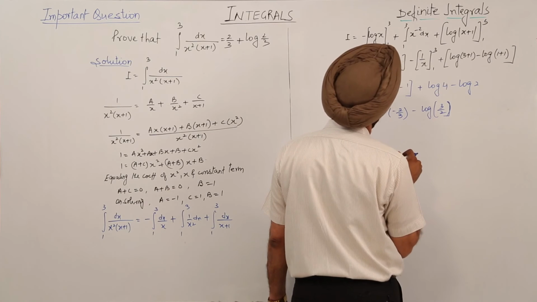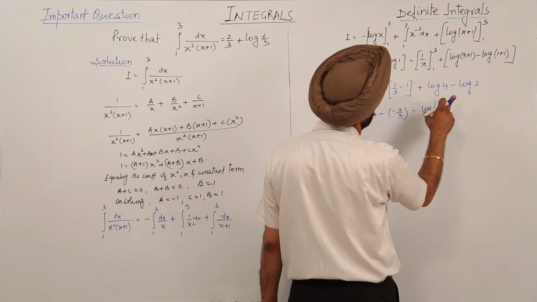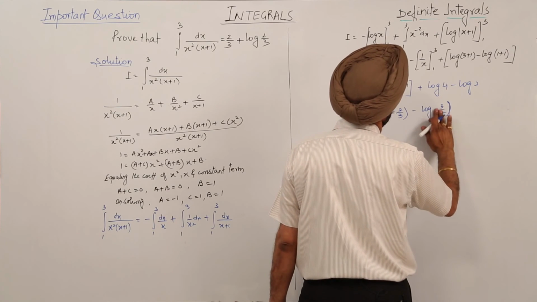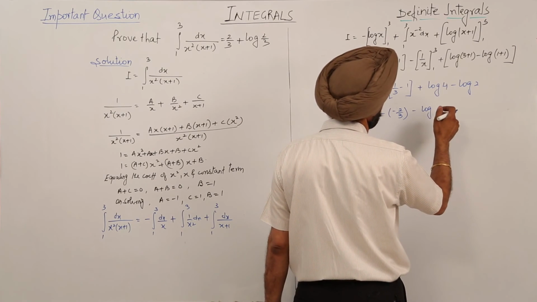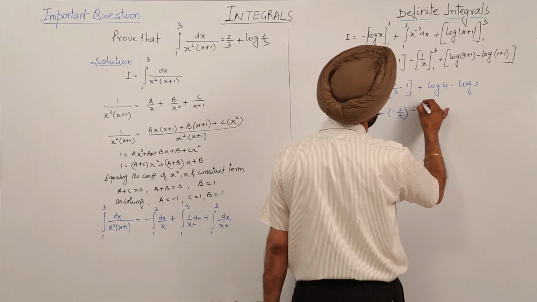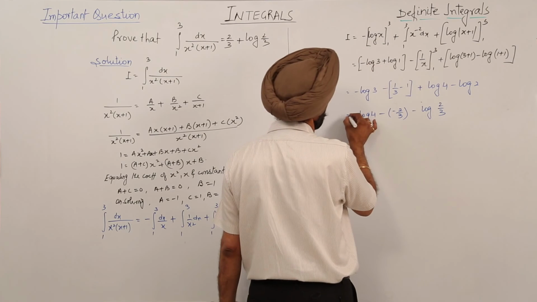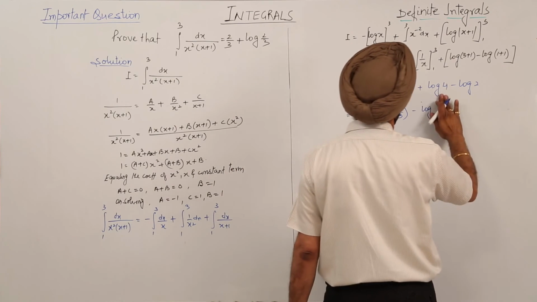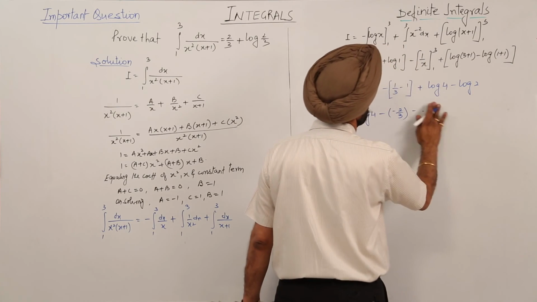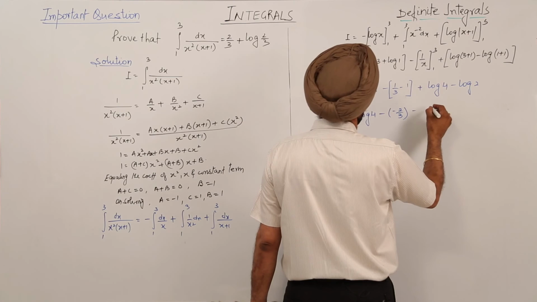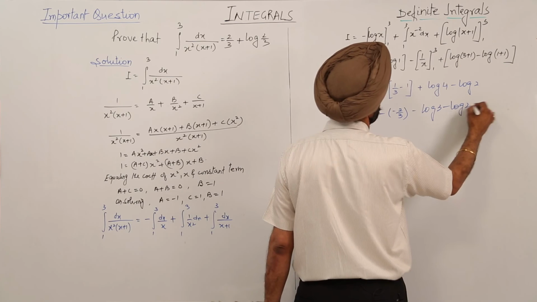This will become 2 log 2, no, it is not 2 by 3. This will be minus log 3 minus log 2.